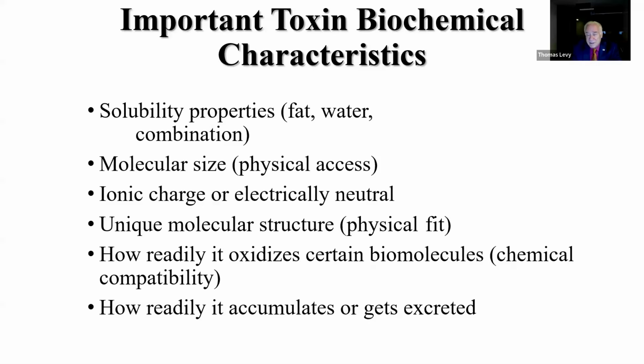Larger molecules are limited in the areas inside the cell and inside the extracellular spaces as to where they can go. Some are ionically charged or electrically neutral. This strongly affects where they can go. Some have a unique biomolecular structure or molecular structure, and they physically fit, and how readily they oxidize something, chemical compatibility, they need to be able to meet and touch, if you will, in order for this oxidation reduction state to take place.